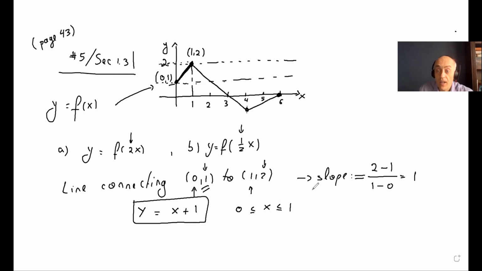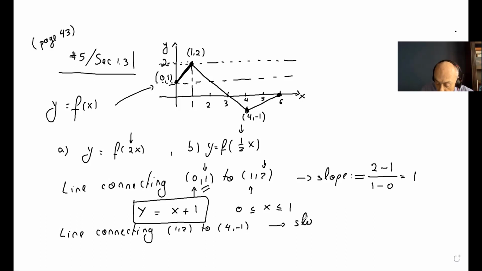All right. So that being said, let's move on to the next thing, which is the second line here, connecting (1, 2) to this point here, which is (4, -1), the one at the bottom. So the line connecting the point (1, 2) to (4, -1) will have a slope calculated by the exact same type of calculation.